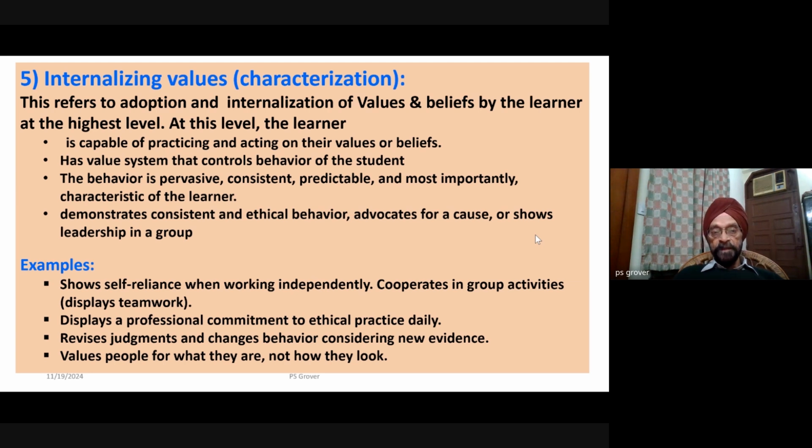If it becomes his behavior, if it becomes my value system, then we say he has internalized the value. He has made the value a part of his living. When I say I should be grateful to others, and I express gratefulness whenever somebody does any favor to me and I don't forget it, then it is internalized.